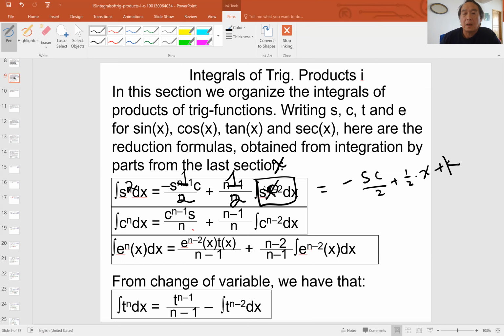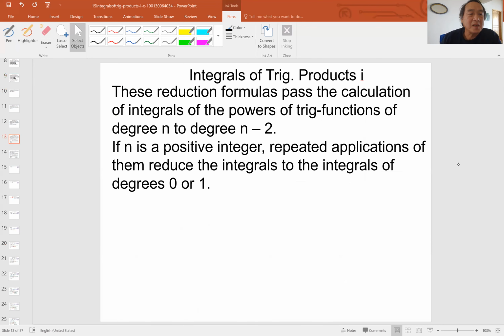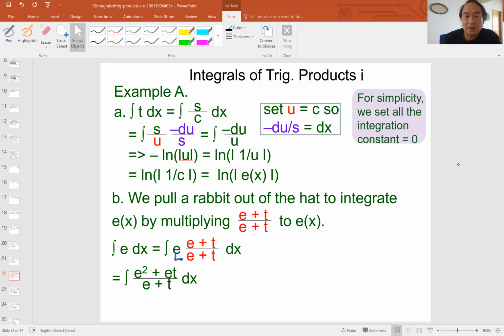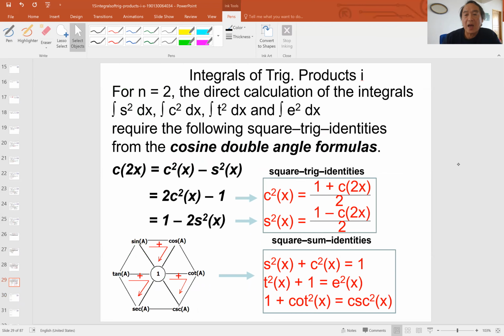So that's one way to do it, but another standard way to do these things is to use the half angle formula. That is, we convert square terms of sines and cosines into linear terms of double angles. So I don't have to deal with squares anymore. I can integrate the linear terms with no problem.